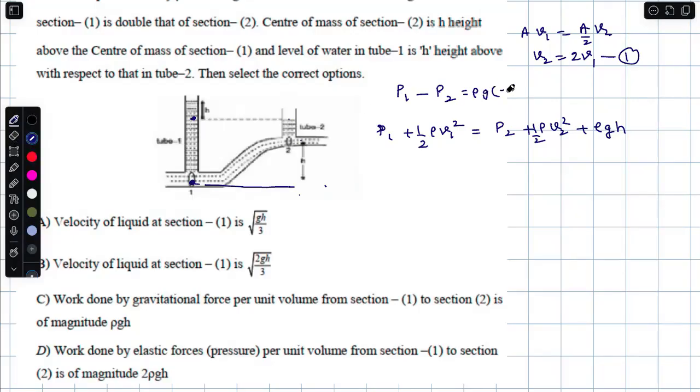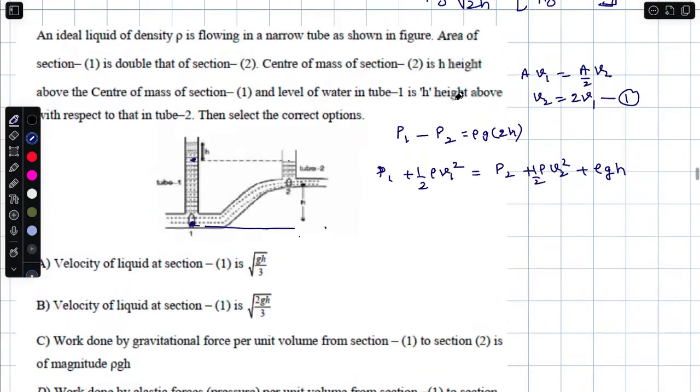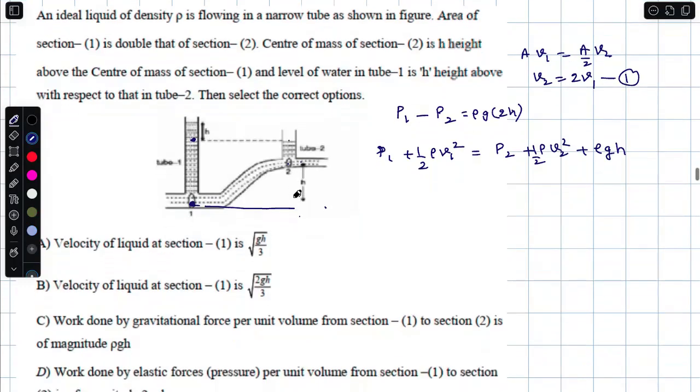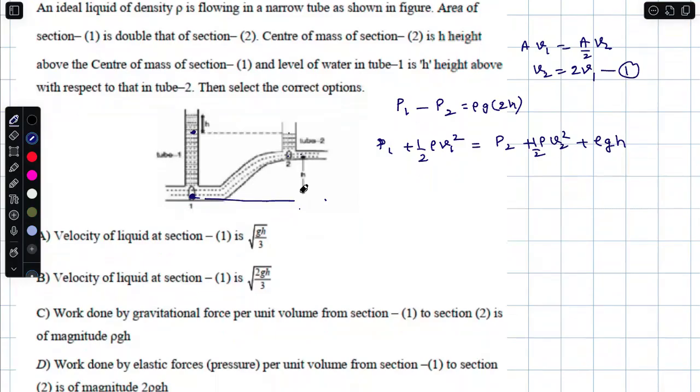Center of mass of section 2 is H above the center of mass of section 1. That is given. And the level of water in tube 1 is H above that in tube 2. So we can confidently say the pressure difference across 1 and 2 is rho g 2H.